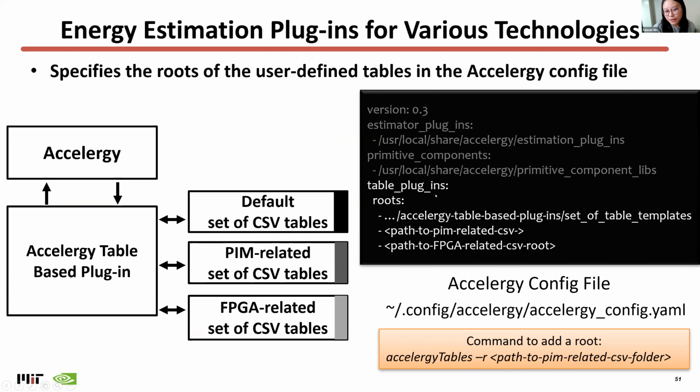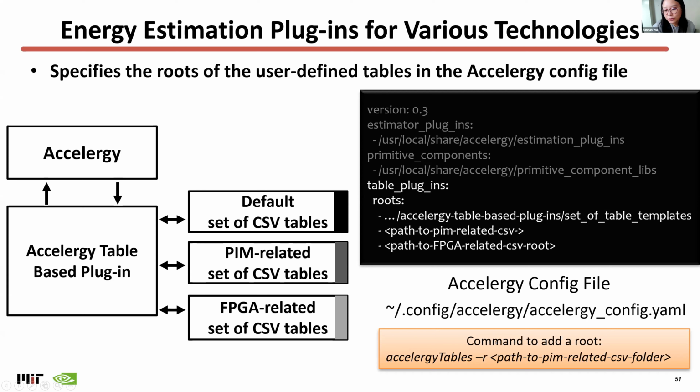So I guess this is a reference basically for you to check whether your table successfully gets identified by Accelergy. Inside the Accelergy config file, every time you add a table, you will see that the roots key for table-based plugins will have one more item in the list.